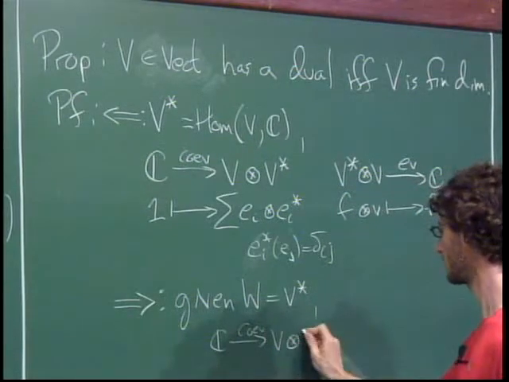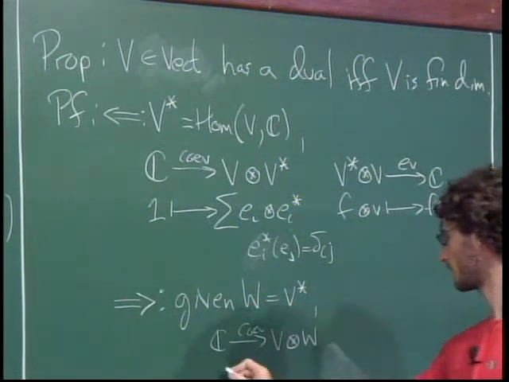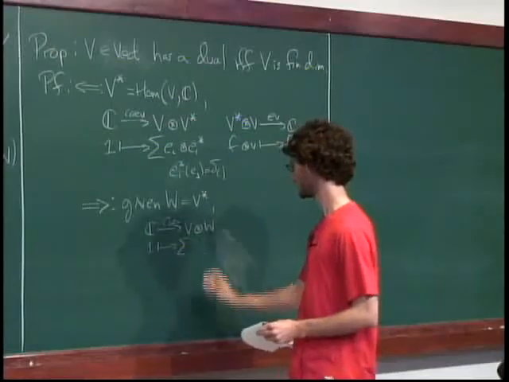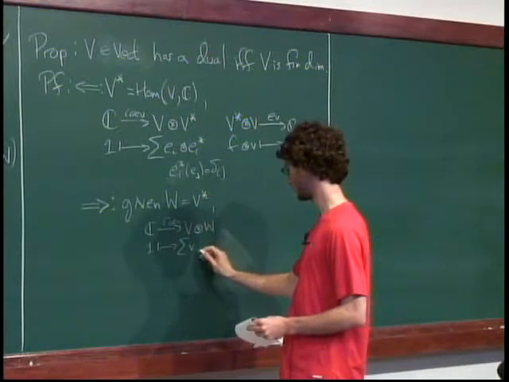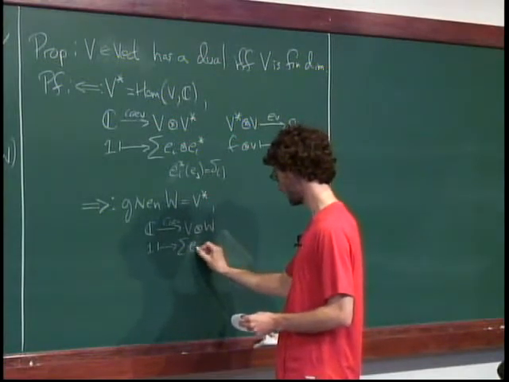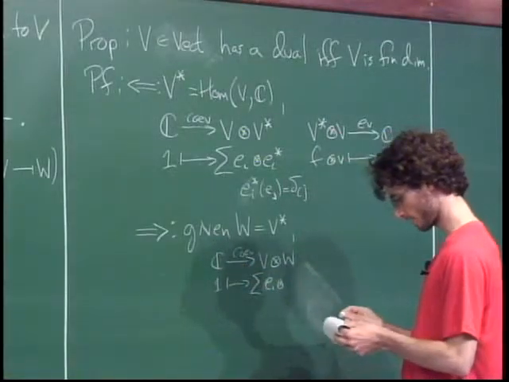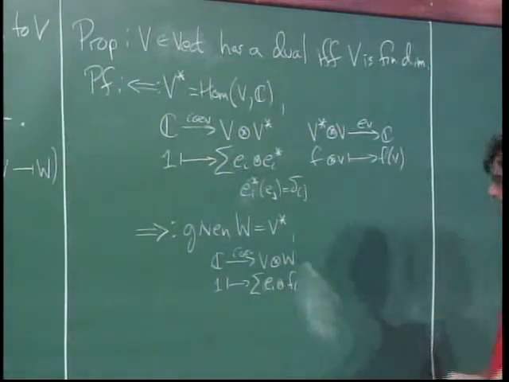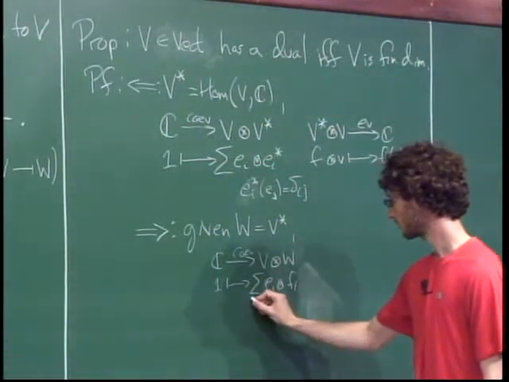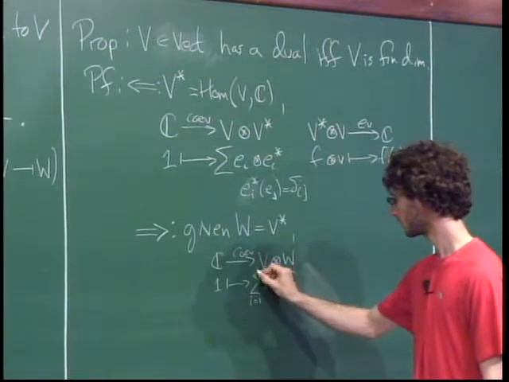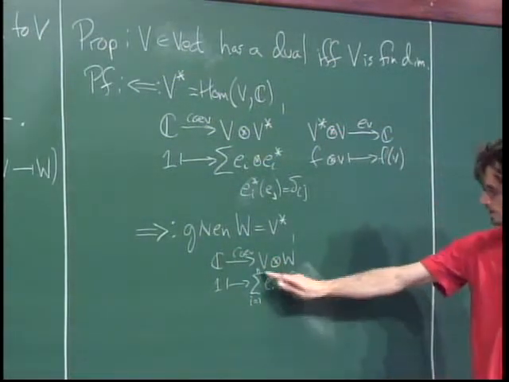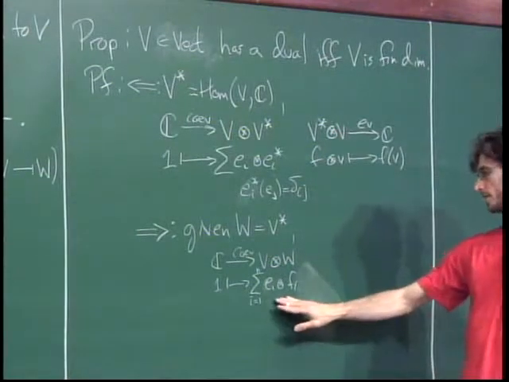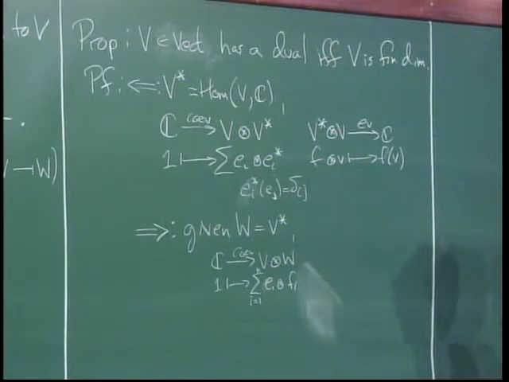Now we don't know what this vector space is, so all we can say is that 1 goes to the sum of, let's say, e_i tensor f_i. And it's going to be important to keep track of the fact that this was a sum from 1 to n, because this is a tensor product, so the elements in it are finite sums of elementary tensors.